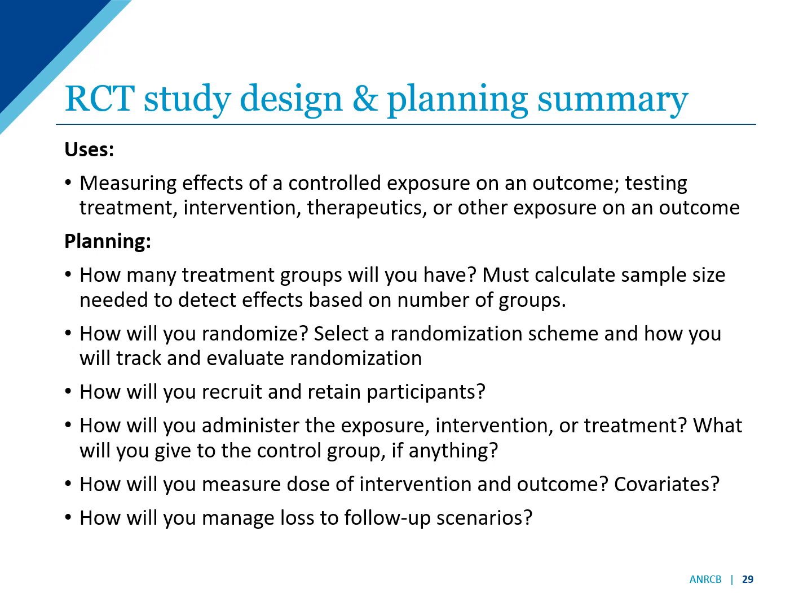You may want to test a dose response effect on an outcome and have multiple treatment groups and a control group. But you have to calculate the sample size that you'll need to detect effects based on this number of groups. How will you randomize? You have to select a randomization scheme and how you will track and evaluate randomization.